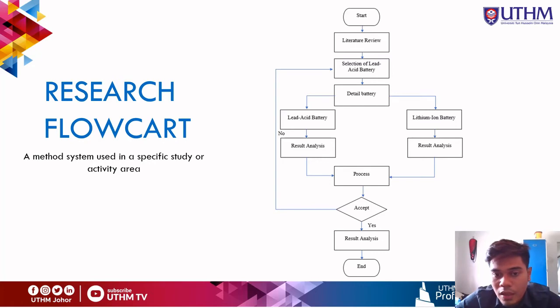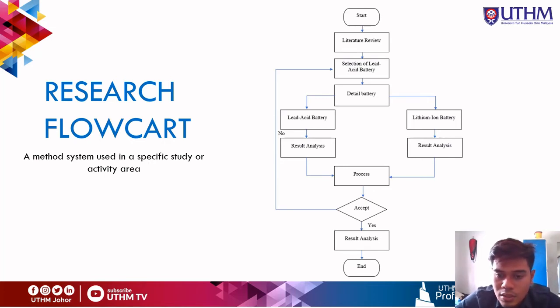After that, I will do the result analysis for the lead acid batteries, while my partner will do the result analysis for the lithium ion battery. So basically, the 2 types of batteries will be analyzed when connected to the off-grid solar system.